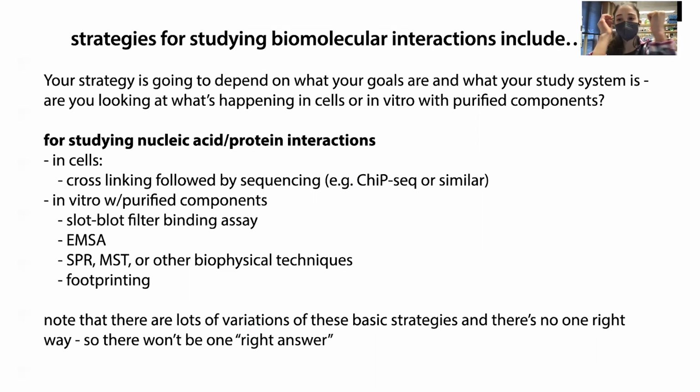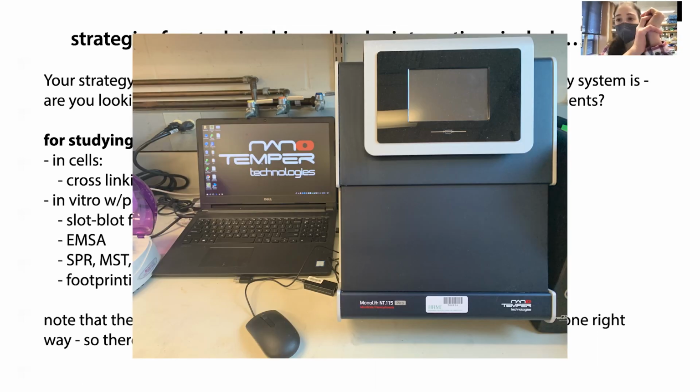Another one of these biophysical techniques is MST, or microscale thermophoresis. Basically you have these little glass tubes, these little capillaries, and one of the molecules is fluorescently labeled. This technique measures how the properties of the fluorescence change with different temperature, which affects how it moves.